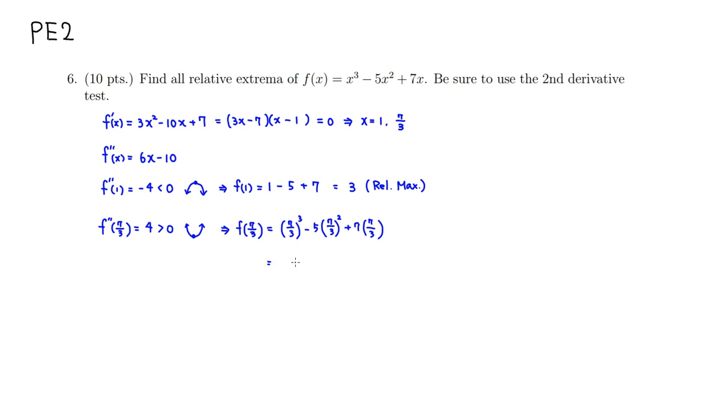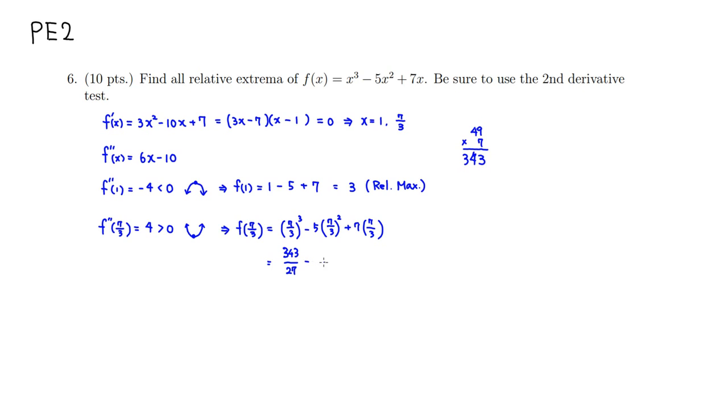It's 7 cubed over 3 cubed, which is 27. 7 cubed is what? 7 times 7 is 49, and times 7: 7 times 9 is 63, and 4 times 7 is 28, so it's 343. So we have 343.